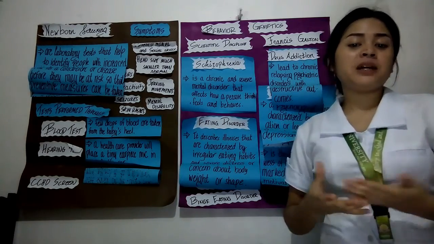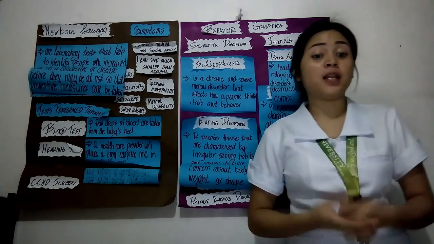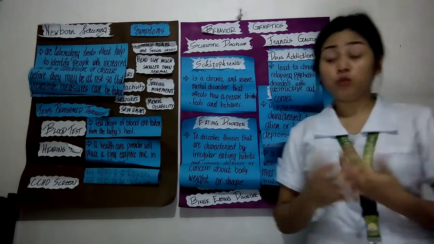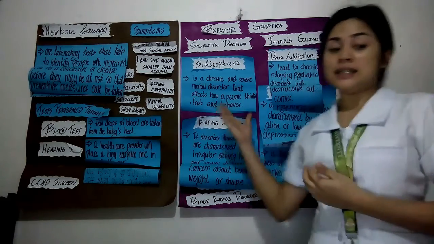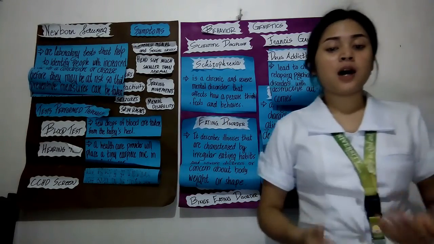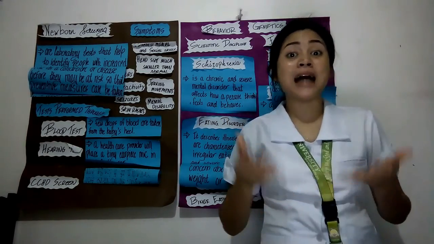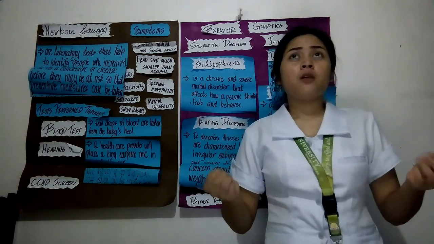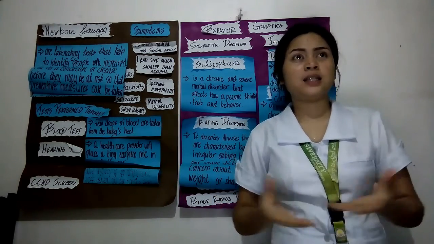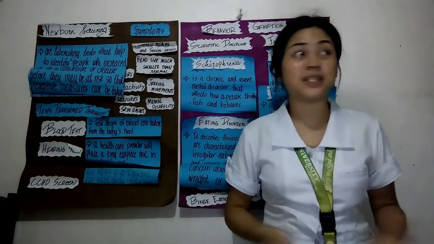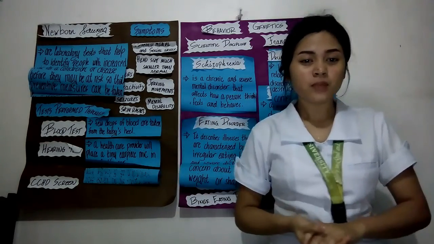This disorder typically appears during adolescence or early adulthood. The signs and symptoms of this disorder include false perceptions called hallucinations. The person can see things that cannot be seen by others.